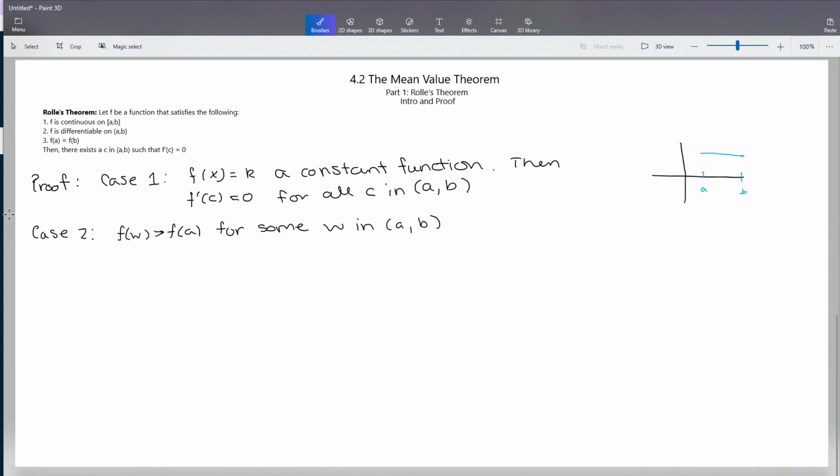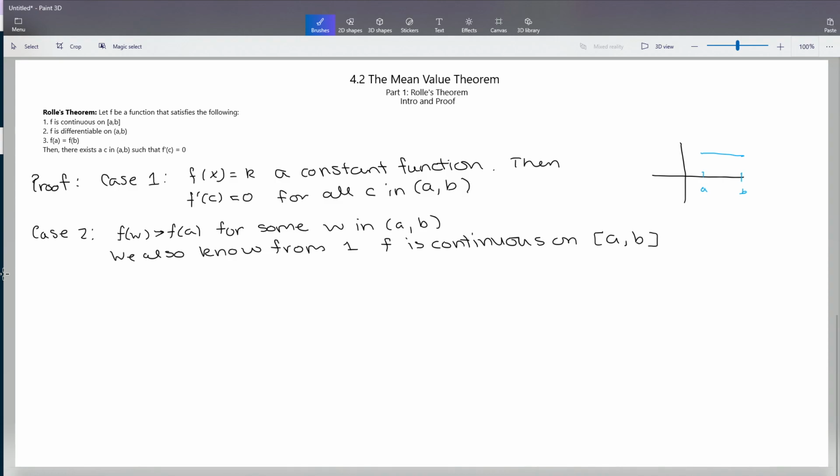So for some value in this interval, the y value is larger than the y value of the endpoints. So we also know from our first hypothesis that f is continuous on the closed interval AB.